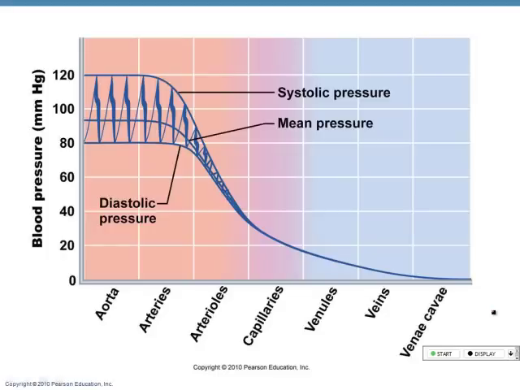Am I going to make you memorize this calculation? No. But they all play a role in moving blood through the system, and that's what you need to understand about all of these different factors.